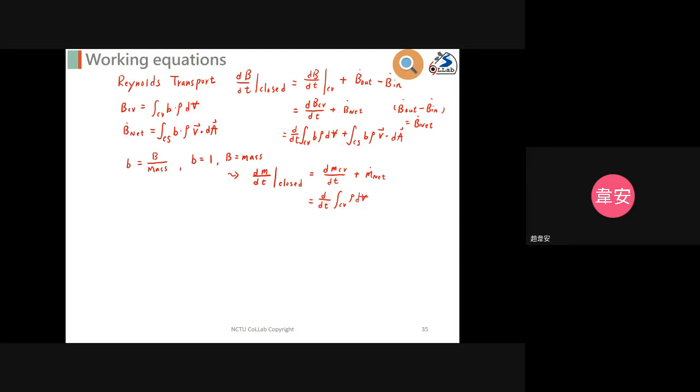Because now we are focused on the problem related to mass, b is equal to 1. And the following integral along the control surface, since b is equal to 1, only has rho V dot product with the cross-section area vector dA.